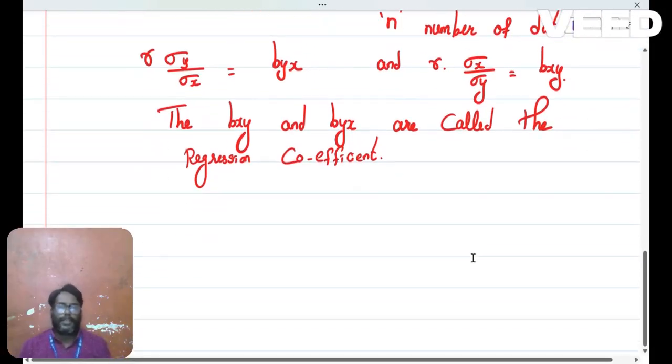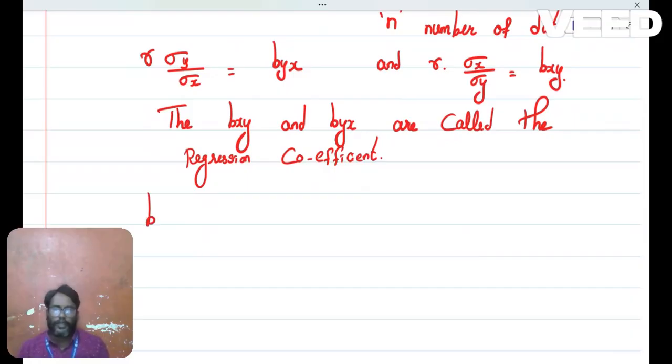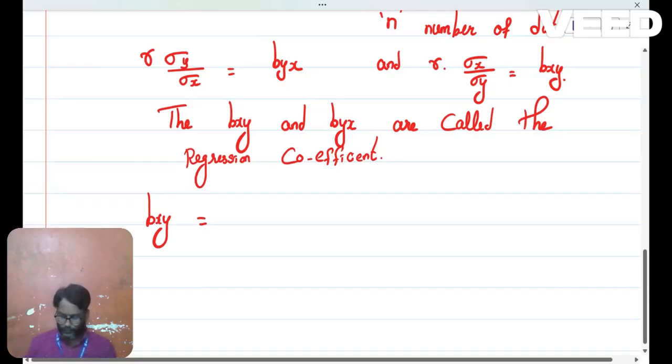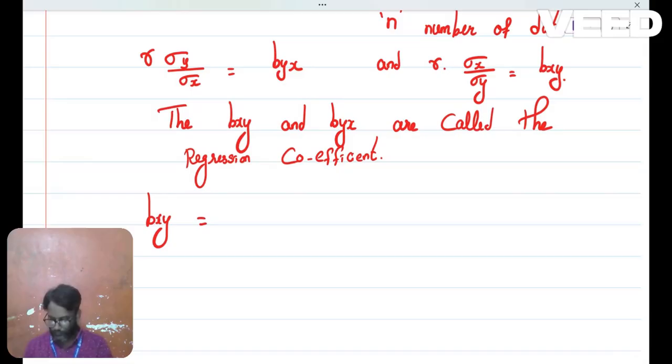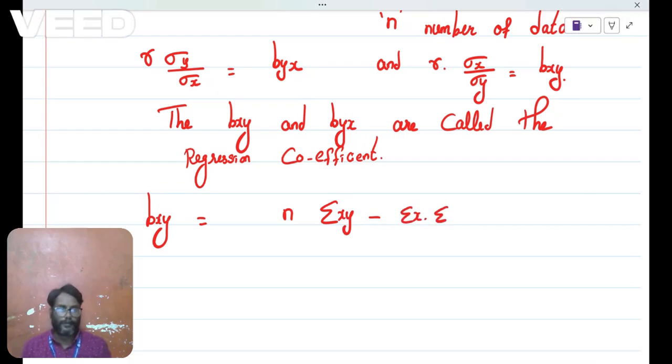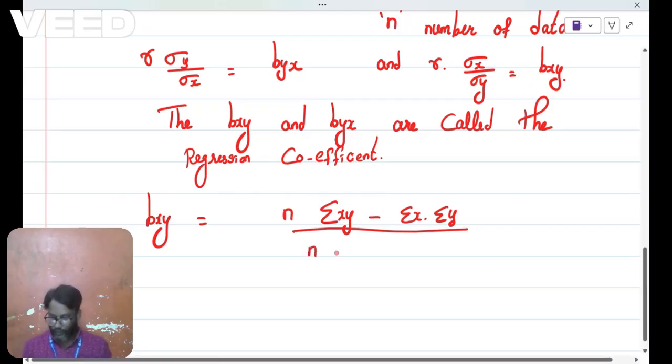And the formula to compute the regression coefficients: b of xy is equal to n into sigma xy minus sigma x into sigma y, divided by n into sigma y square minus sigma y the whole square.